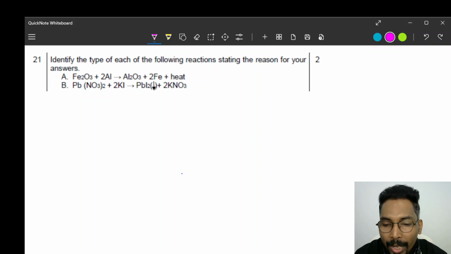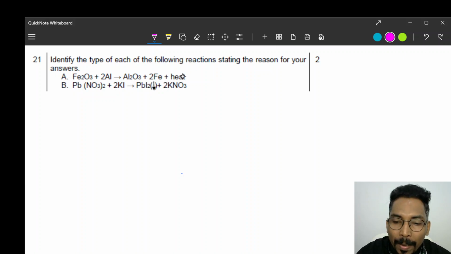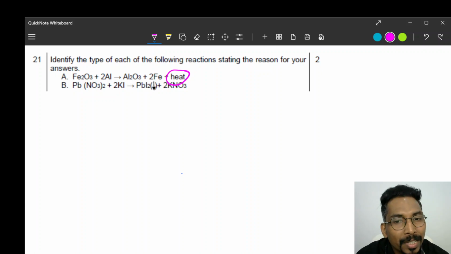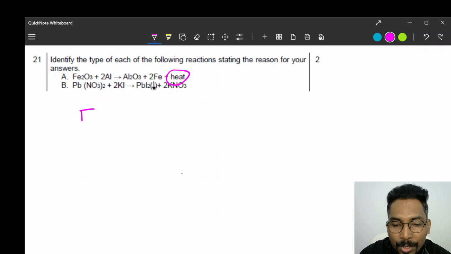First one, Fe2O3 plus 2Al gives Al2O3 plus 2Fe plus heat. If you see plus heat after the arrow mark, that means the right hand side of the equation, you can confirm that the reaction is which type? Exothermic reaction.